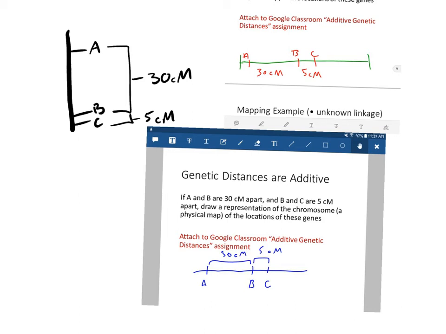What did you do? So which order from left to right? Or top to bottom, either way? A, C, B. So how would, yeah, so let's see. How does that work?